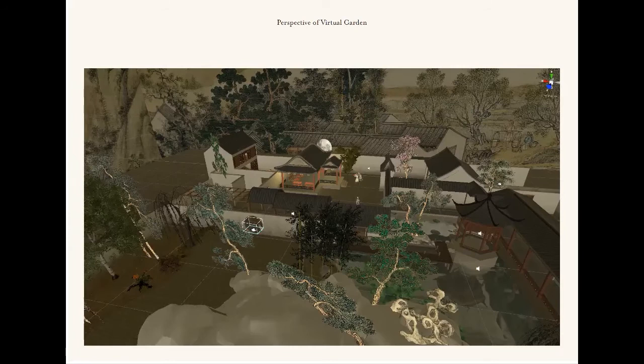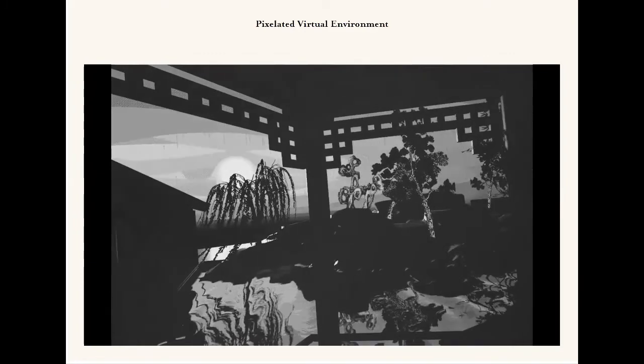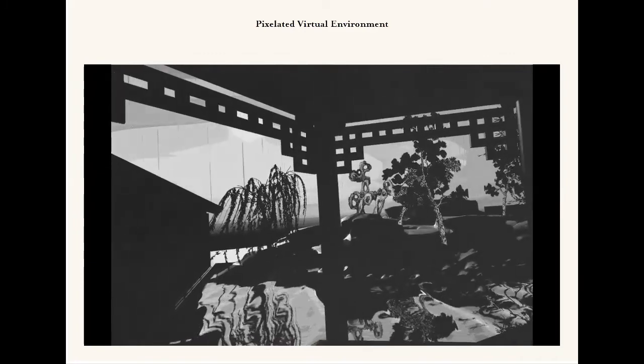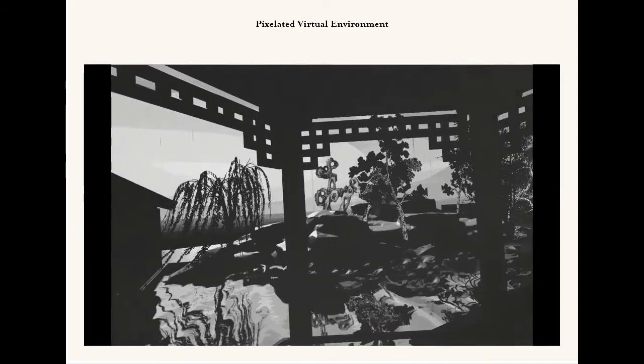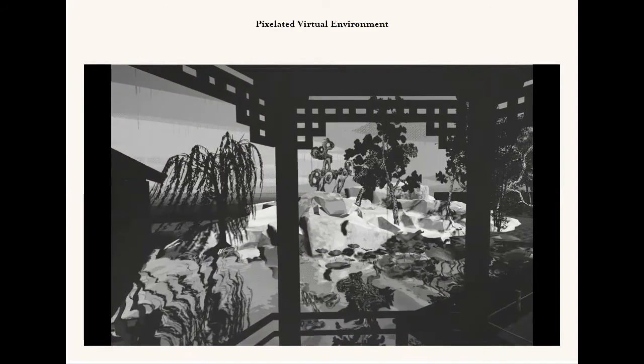This overview is one of the screenshots from a real-time game engine. The pixelated virtual environment can be seen as a virtual sketch or dynamic serial vision. It could enhance the intangible experience because people can hardly see the tangible component.